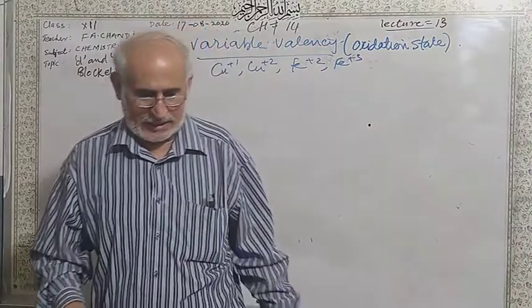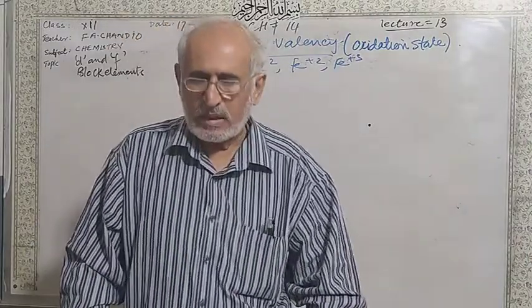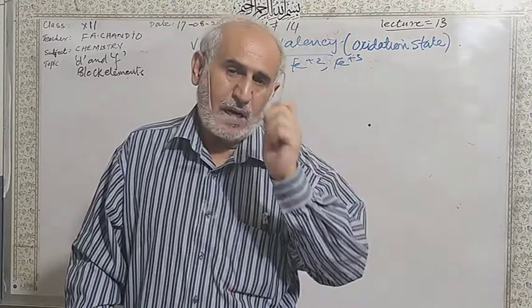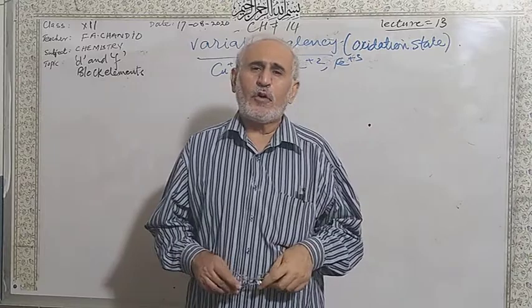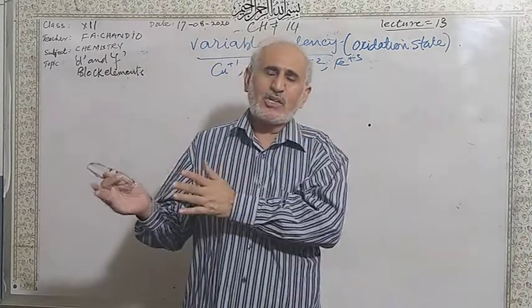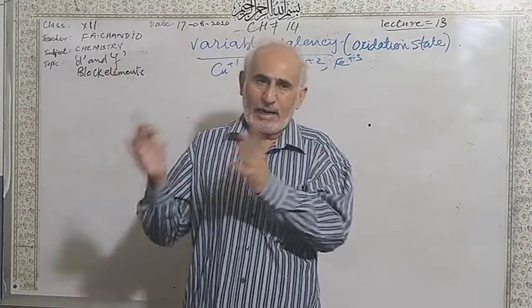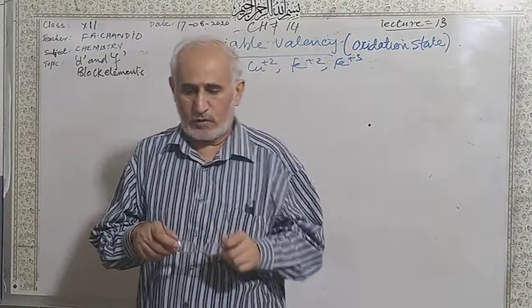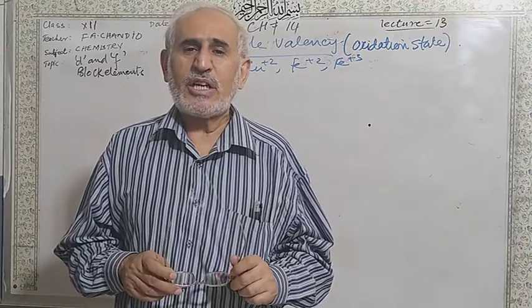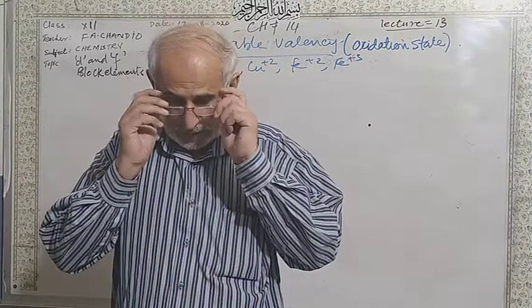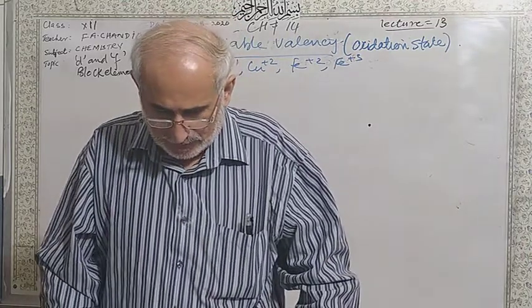We already discussed this in the previous topic. In bond formation, d electrons and s electrons are both involved. That is why they show variable oxidation states.